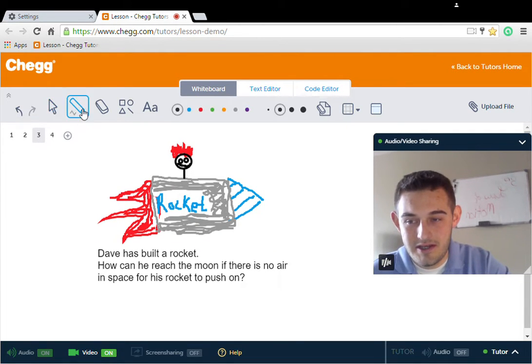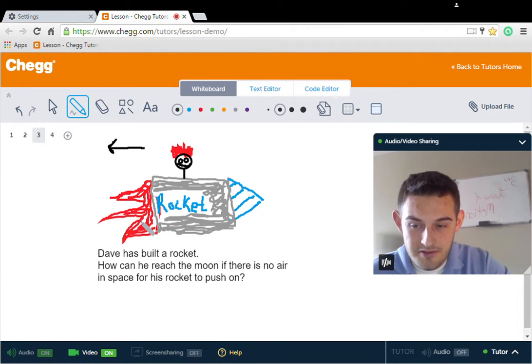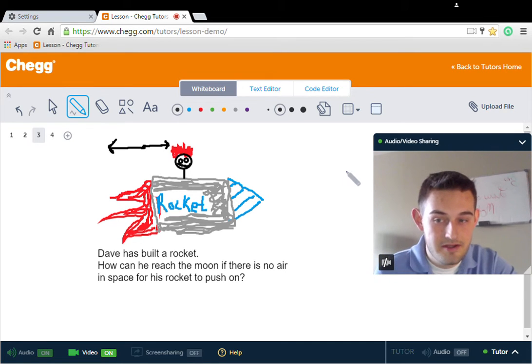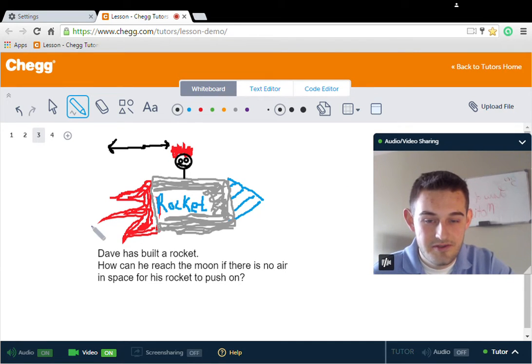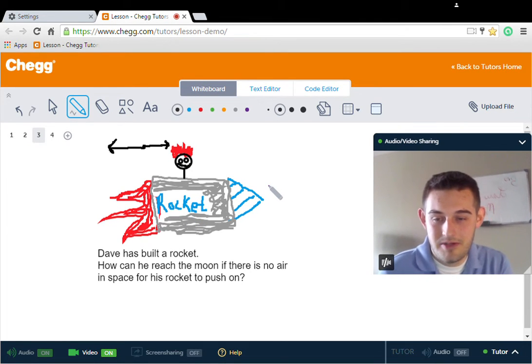So in this example, the rocket is accelerating this way towards the moon, and so it is pushing this way, but the jet propulsion fuel is actually pushing in the opposite direction. And so this gas that's being made by the rocket fuel allows the rocket to be propelled this way. Those equal but opposite forces allow us to get to the moon, which is pretty cool.